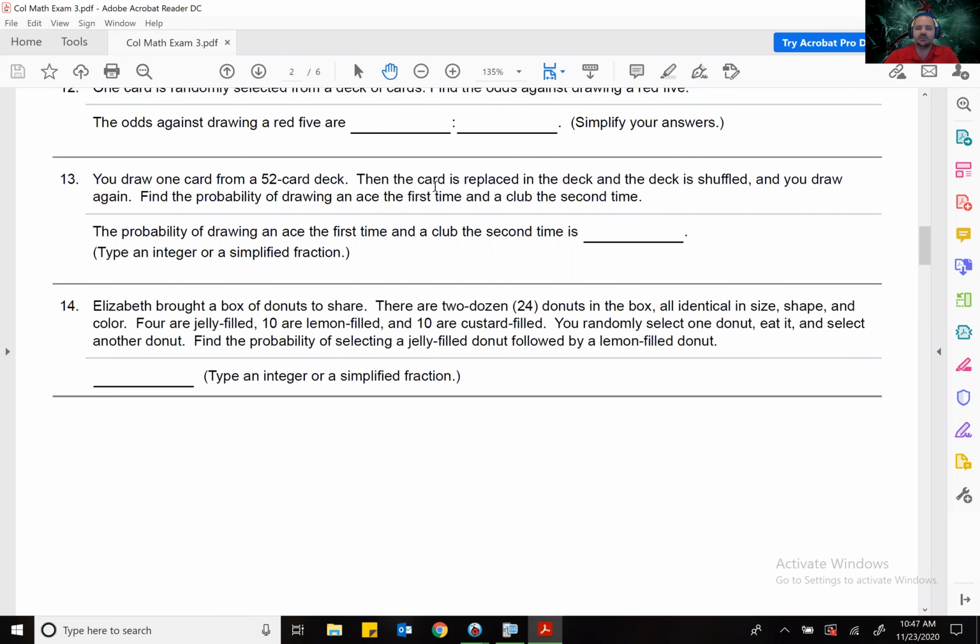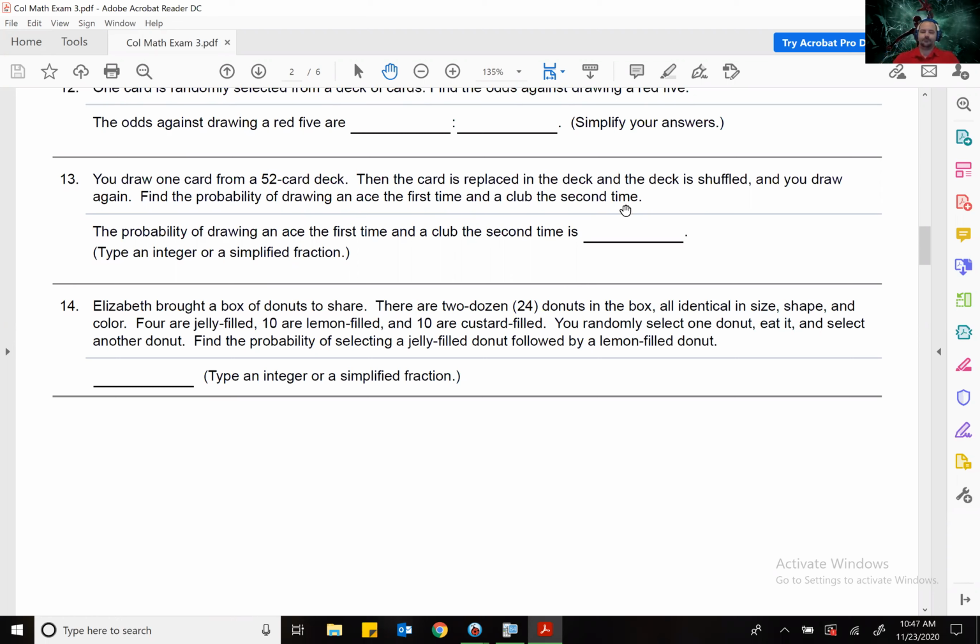That means it's with replacement. Whenever you see with replacement, you're putting it back, that's always going to be independent. Without replacement is dependent. So this is definitely independent, because the moment I put that card back, it's the same deck, so I have the same chances of drawing every card again.